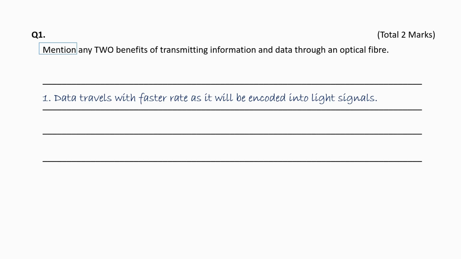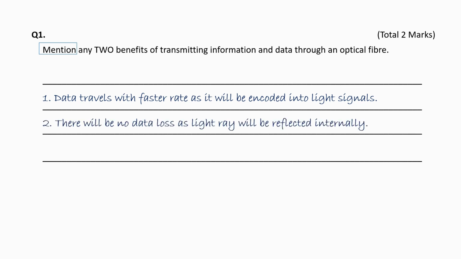Also, the data should be encoded into the light signal before transmitting it. The method of encoding is not included in the grade 10 syllabus, so we will not be discussing that. But remember, encoding is the main requirement whenever we are transferring data or information through a light signal.